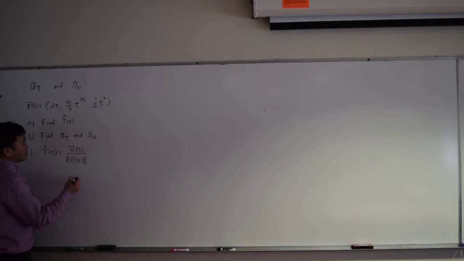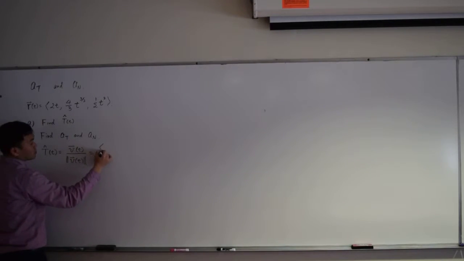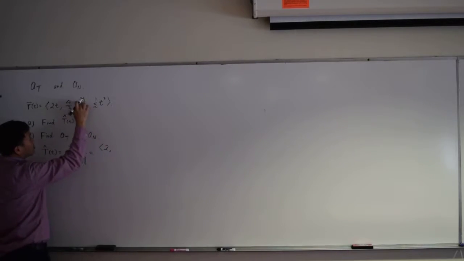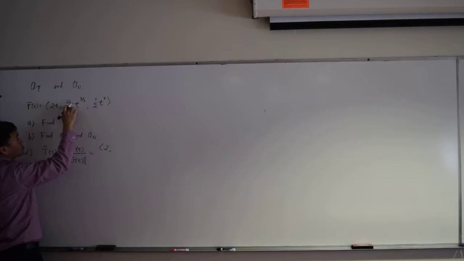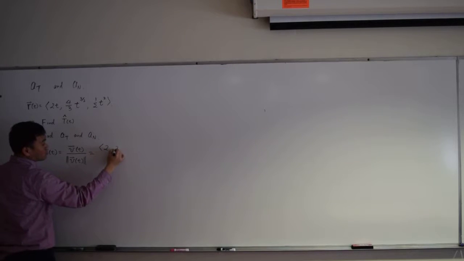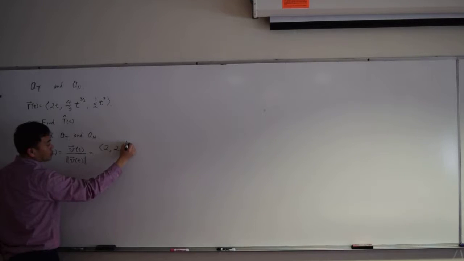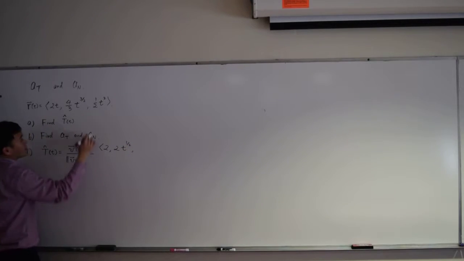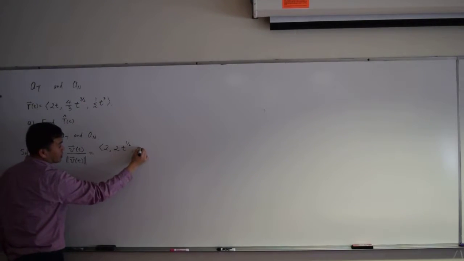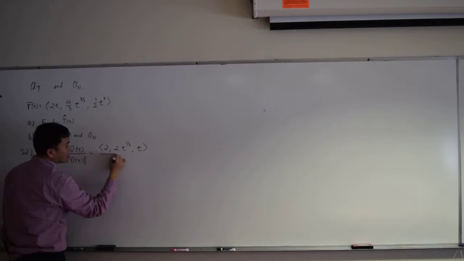Now, this is the derivative of this, which is 2. And then when you differentiate this, 3 over 2 comes down, canceling with 4 over 3 to give you 2. And subtracting 1 off 3 over 2 gives you 1/2 power. And then 2 comes down, canceling the 1/2, giving you t.